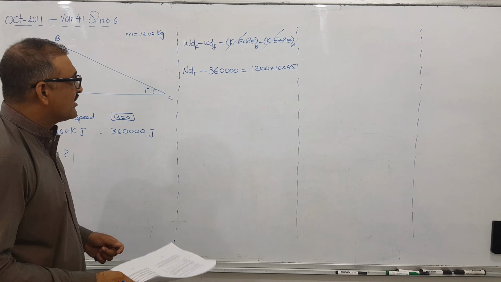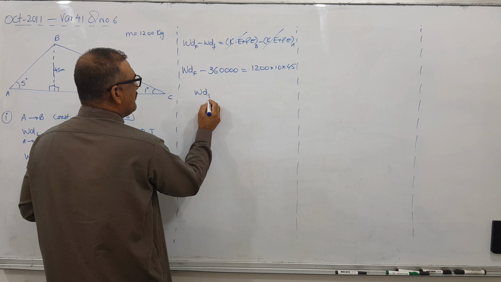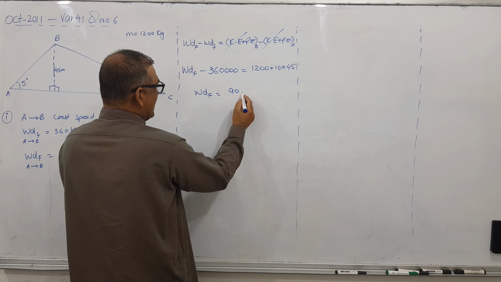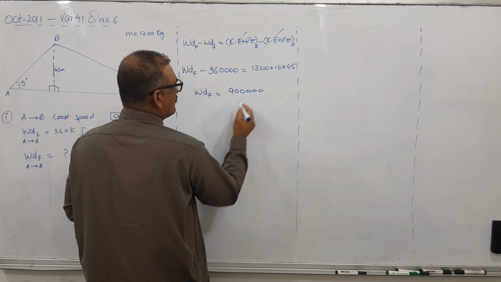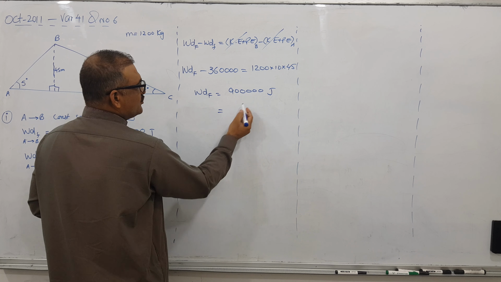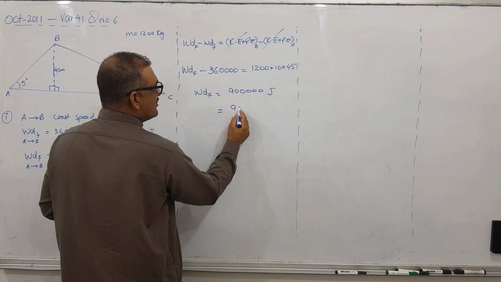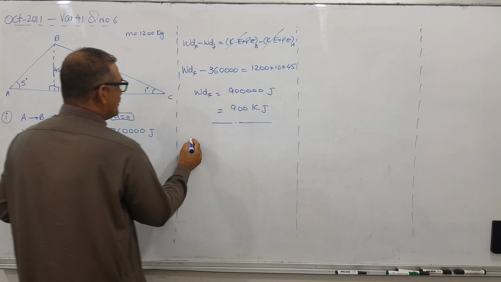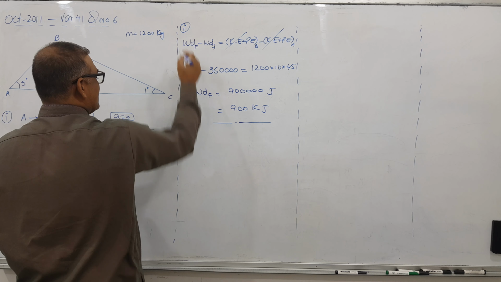So the answer, we just solve it: work done by applied force is 9 followed by 5 zeros joules. But we know kilojoules, so 3 zeros gone, so 900 kilojoules. So the first part is finished.